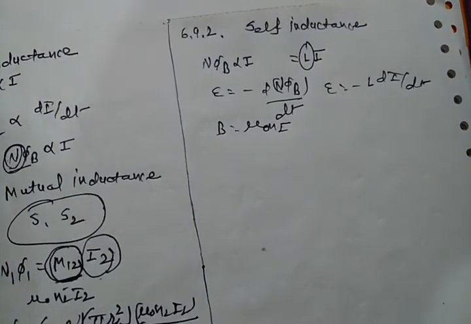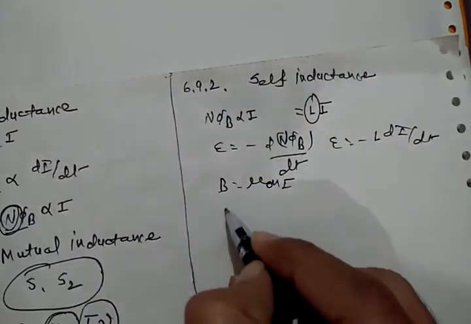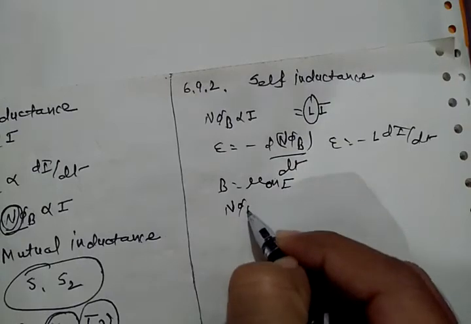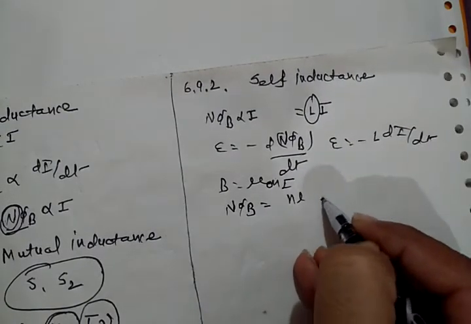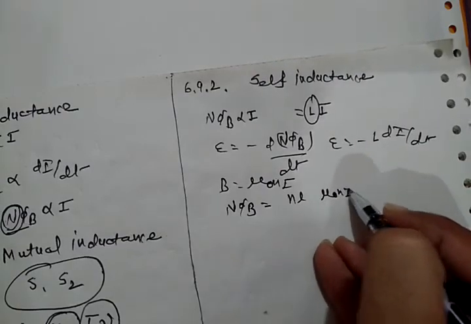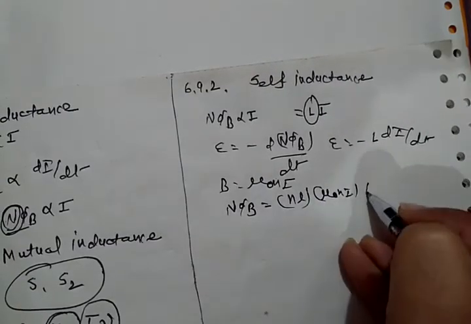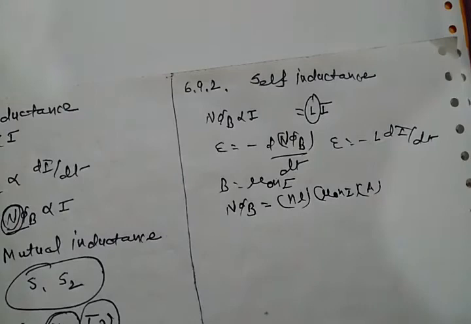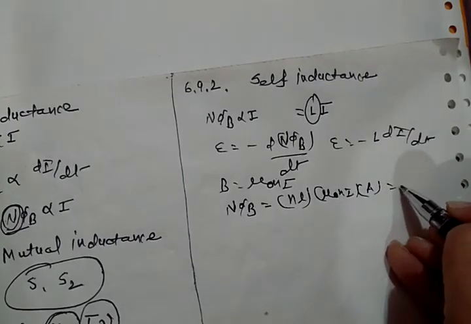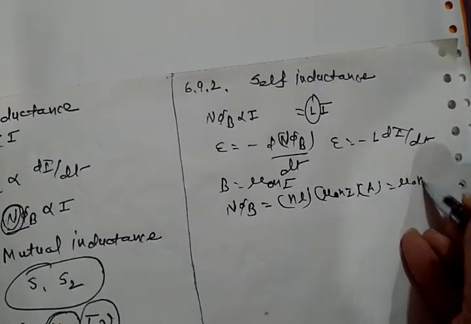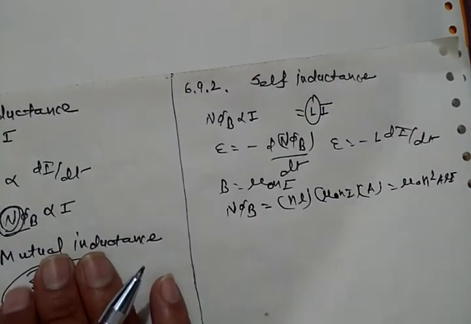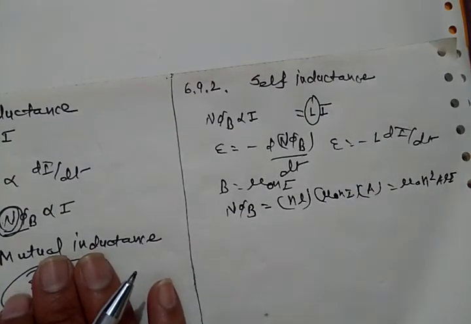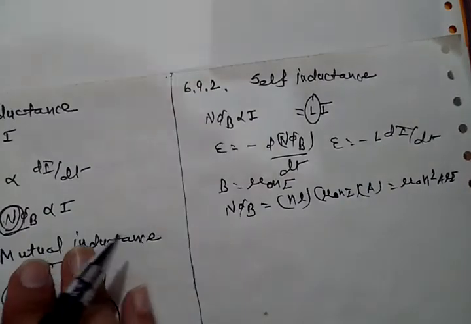The total flux linked with the solenoid is N phi B equal to N l mu 0 n I and A, so it is equal to mu 0 n square A l I, where N l is the total number of turns.